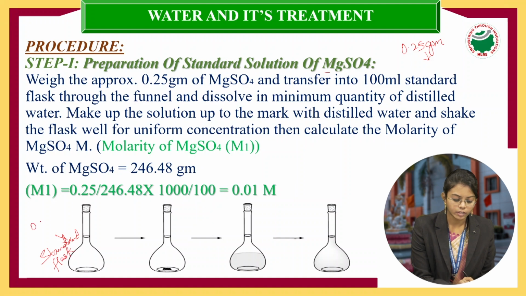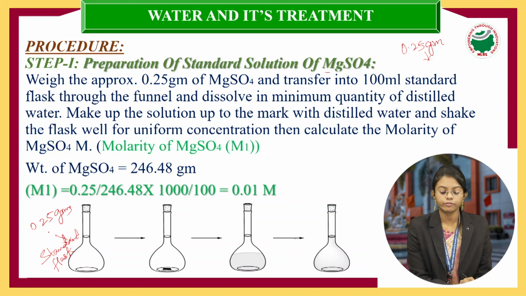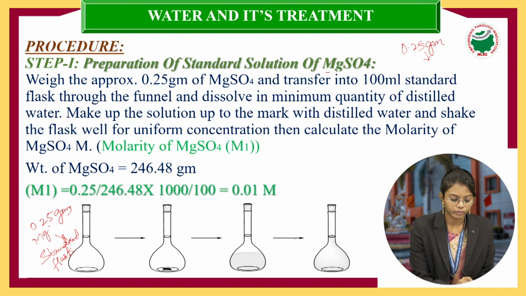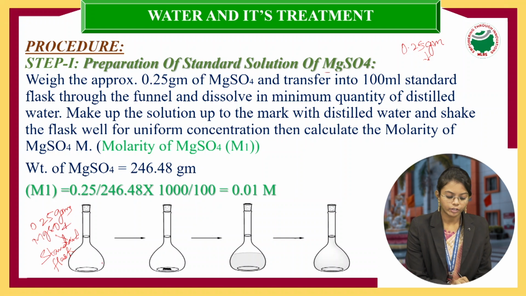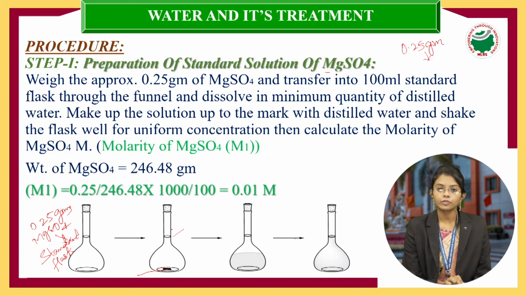You are going to add 0.25 grams of MgSO4. This is your salt in a standard flask. If you observe the standard flask, you can see a mark here. You have to fill up to the mark with distilled water.